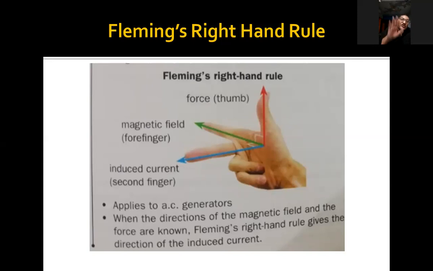So if this is my right hand, stretch the fingers this way: the thumb will be the force, the forefinger will be the magnetic field, and the second finger will be the induced current. FMC.